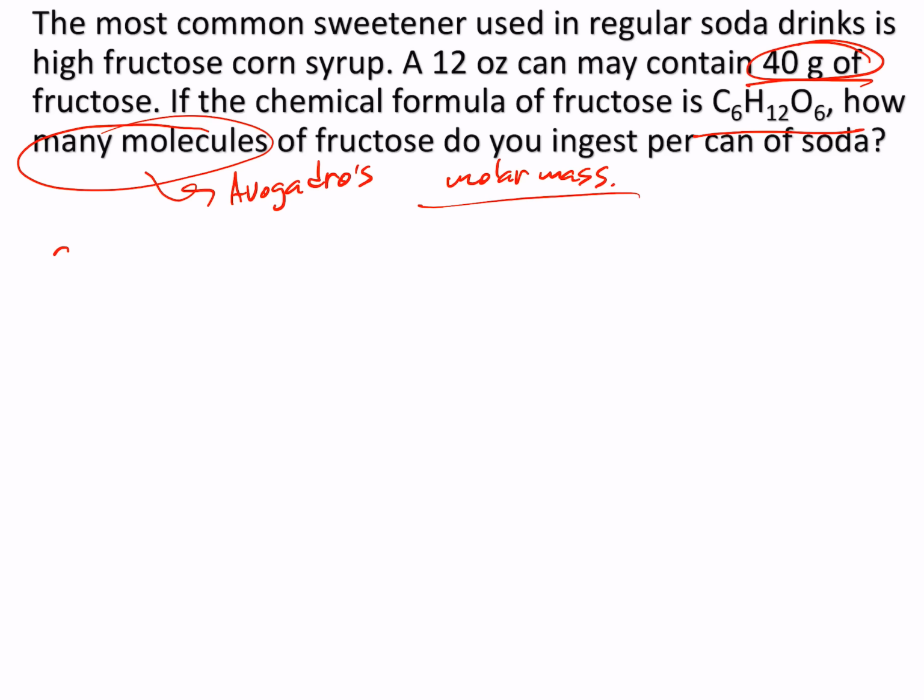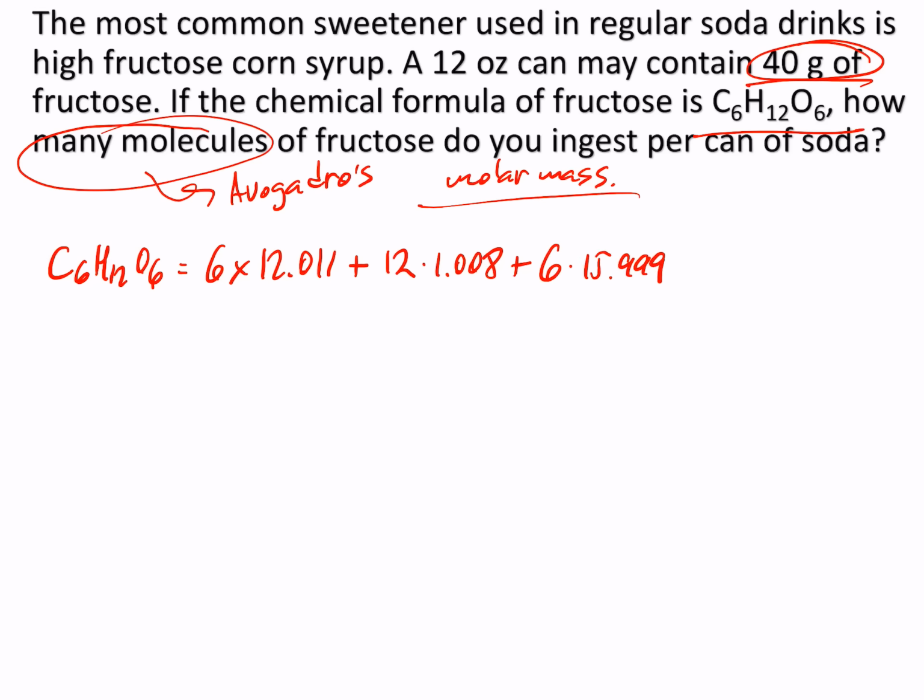Okay, so if the formula is C6H12O6, remember, this is how I want you to do it. 6 times the first atom, well, of course 6 carbon atoms times 12.011, and we add, you have 12 hydrogens times 1.008. Last but not least, you have 6 oxygens times 15.999. And then the molar mass of fructose is 180.156 grams per mole.